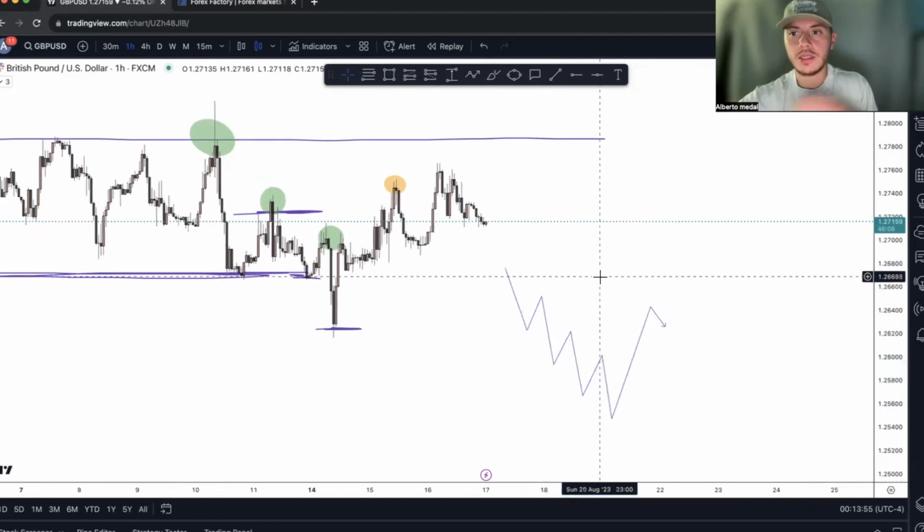So now I understand that the H4 is now correlating with the weekly time frame because the weekly time frame has been going up, right?